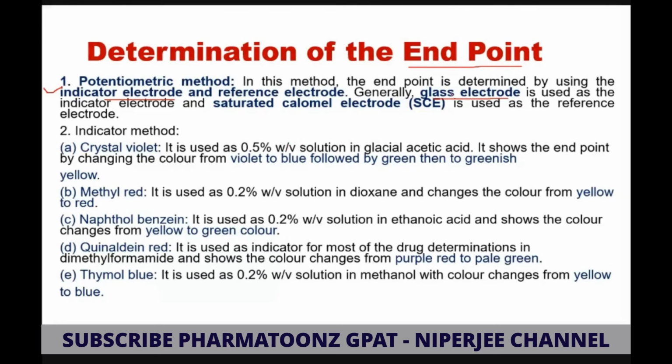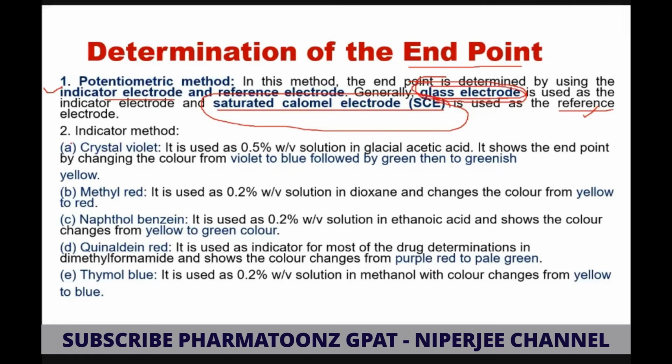Generally a glass electrode is used as the indicator electrode. These questions are generally asked in exams: in potentiometric titration, which electrode is used as an indicator electrode, or which electrode is used as a reference electrode? SCE, the saturated calomel electrode, is used as the reference electrode, and the glass electrode is used as the indicator electrode.